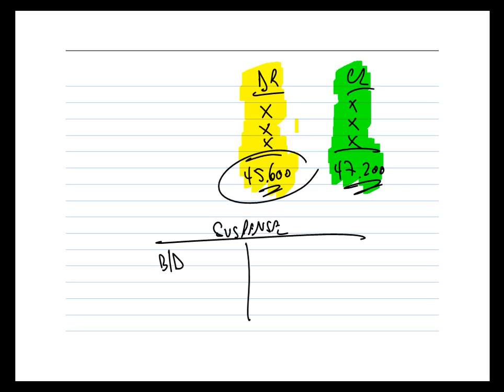So in this case, the difference between 45,600 and 47,200 is £1,600, which would be set up on the debit side. Now hopefully by investigating our 4 errors and coming up with correcting journals, we'll be able to clear that suspense account back to 0.